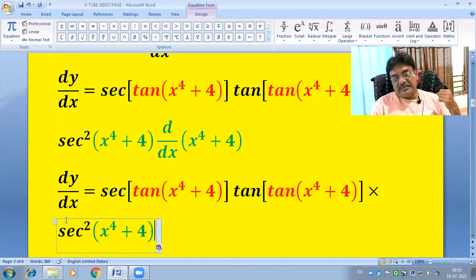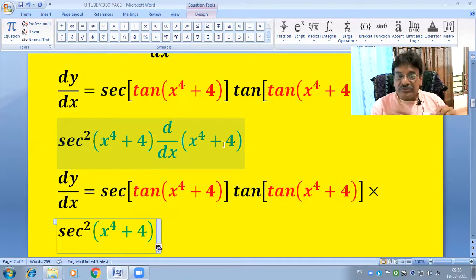Next we find d/dx of x to the power 4 plus 4, and we use the addition rule: d/dx of u plus v is du by dx plus dv by dx, where u is x to the power 4 and v is 4.